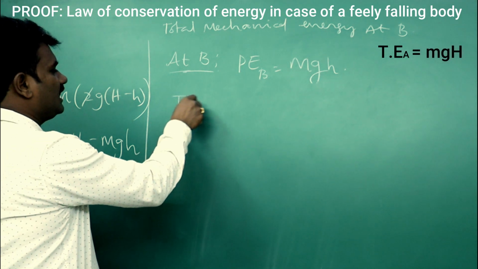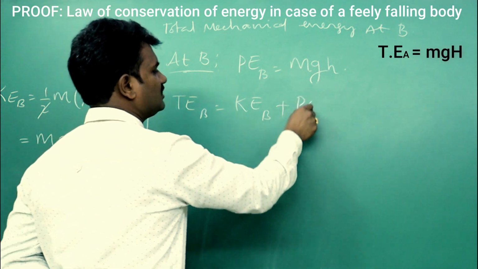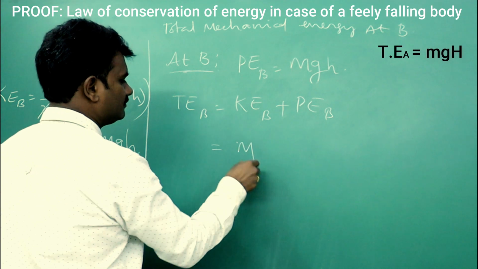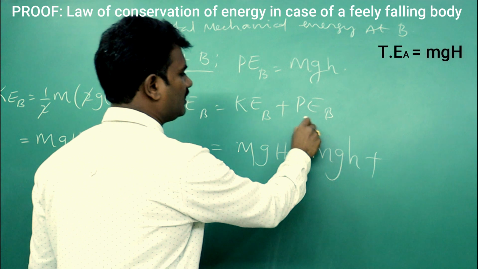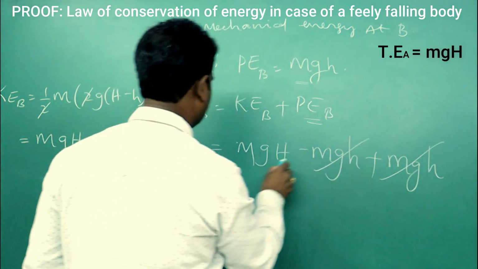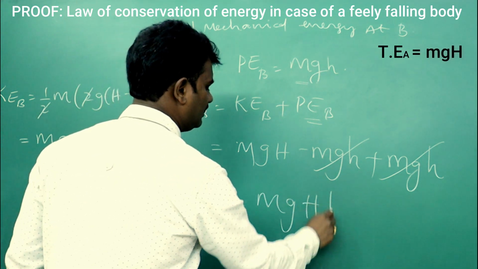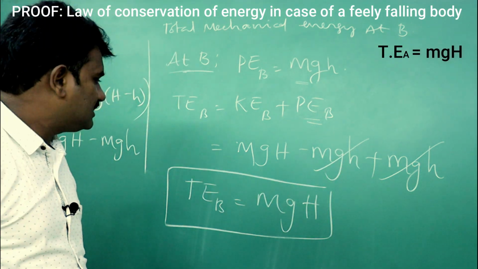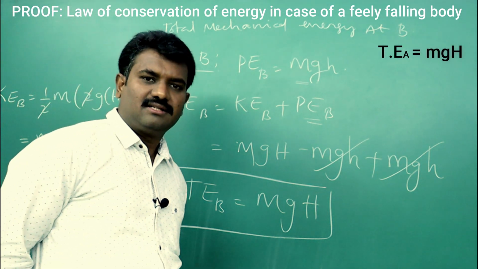Total energy at B is equal to kinetic energy at B plus potential energy at B. So kinetic energy at B means mgH minus mgh, plus potential energy at B means mgh, which cancel. Hence total energy at B is equal to how much? mg into capital H. That's all. So it is very clear that the total energy at A and total energy at B are the same.